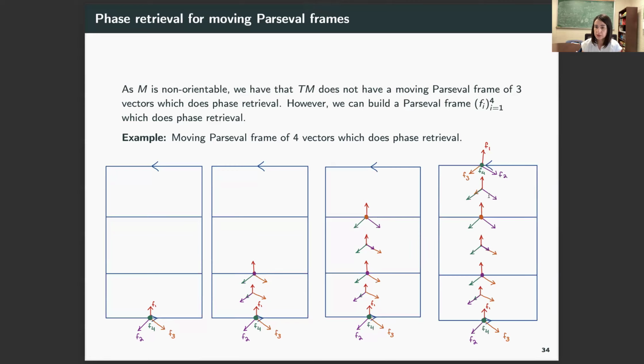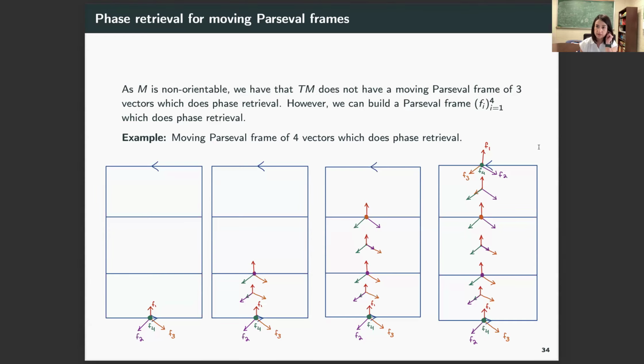And in the last section, you can see F4 is again projected back to 0. If you compare the bottom one to the top one, F2 and F3 are flipped and everything stays the same. And that makes sense for the opposite direction of the Mobius strip. So we were able to find a moving parsable frame of 4 vectors which does phase retrieval here.